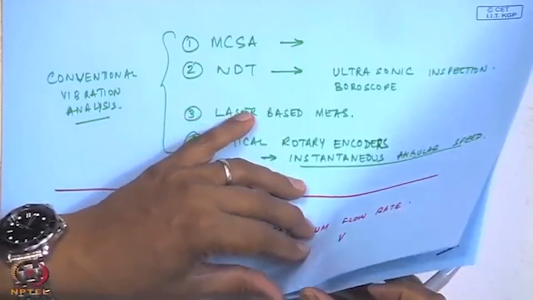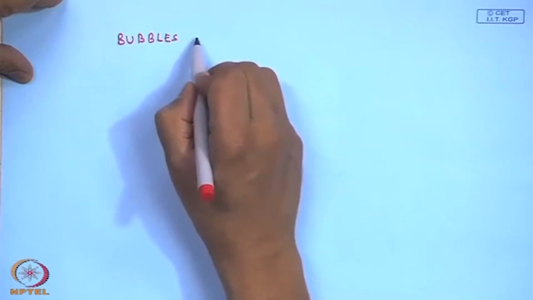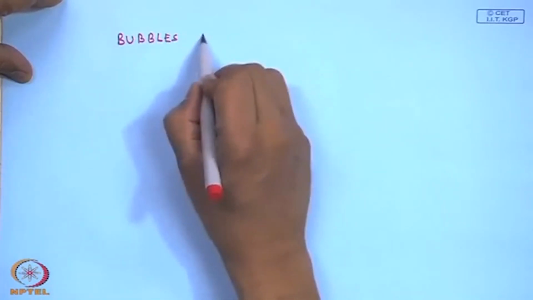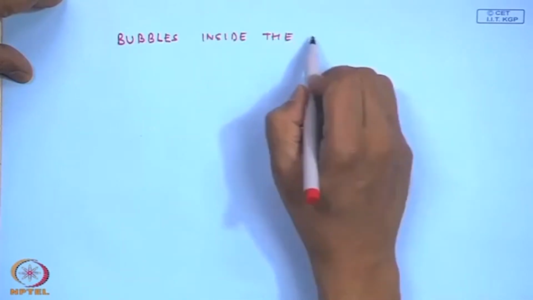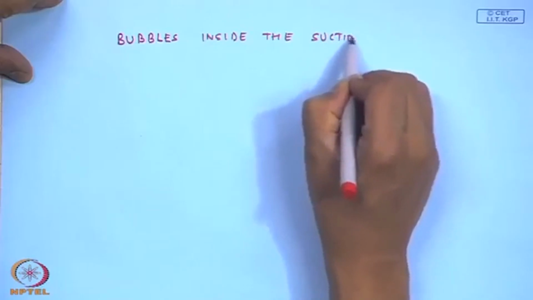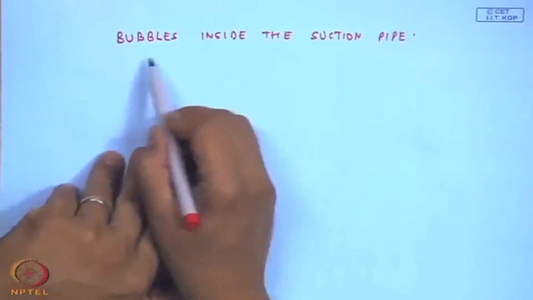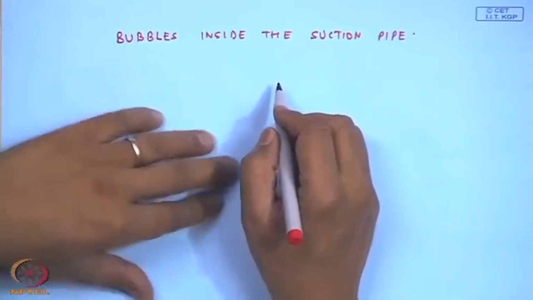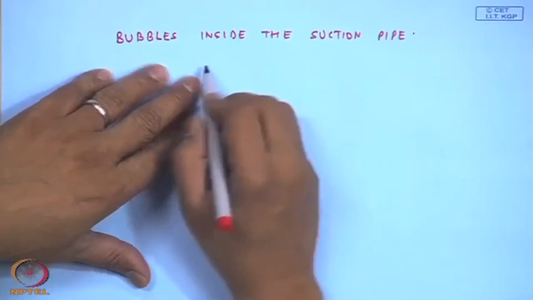So what is going to happen is that vapors or bubbles will be formed in the pipeline, inside the suction pipe. And when these bubbles come up to the surface to air pockets, they will burst.